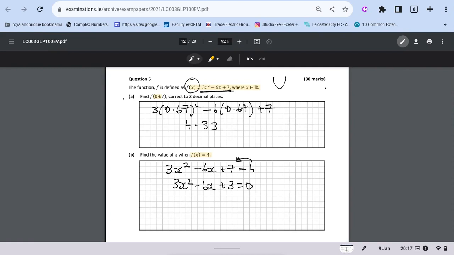Open up your brackets if you wish, or do your minus b formula. Now there's only one value of x, so find your a, b, and c, and your minus b formula, and throw the numbers into the formula.